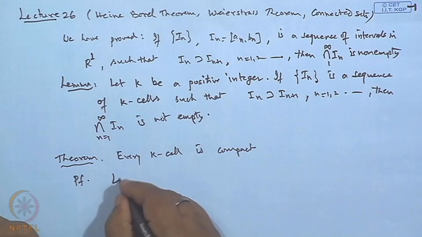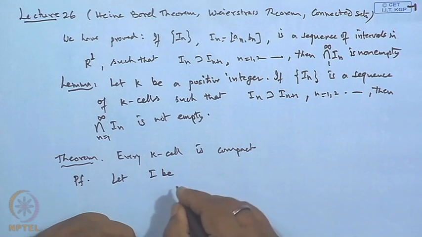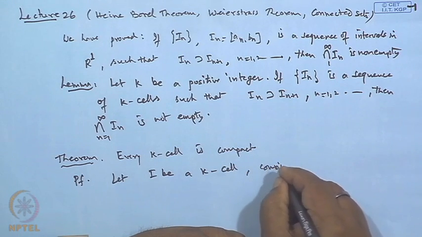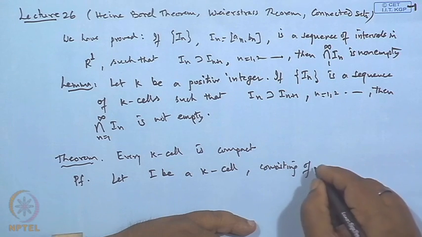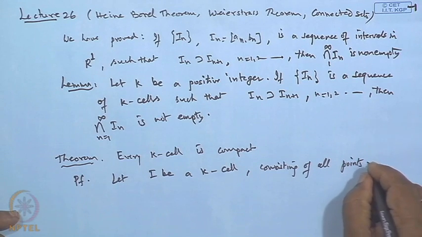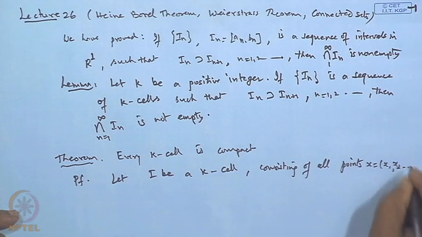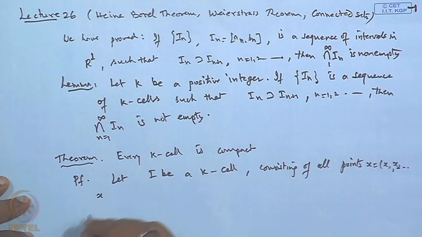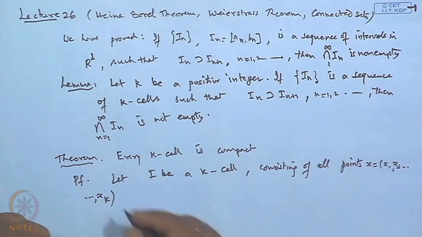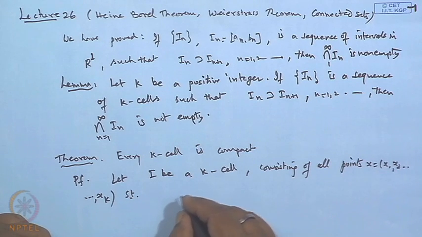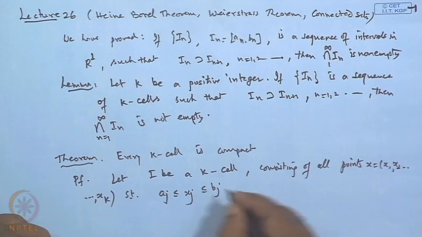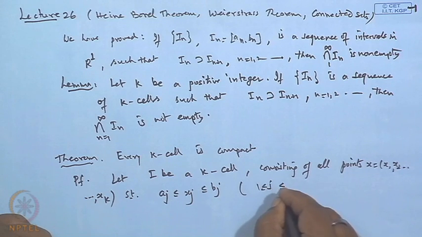Let I be a k-cell consisting of all points of the type x = (x_1, x_2, ..., x_k) such that a_j is less than or equal to x_j, which is less than or equal to b_j, for j from 1 to k.